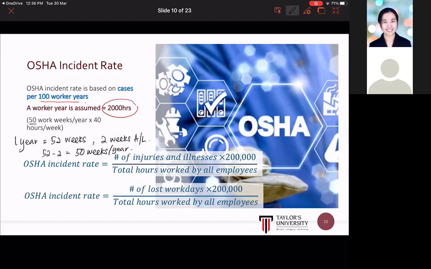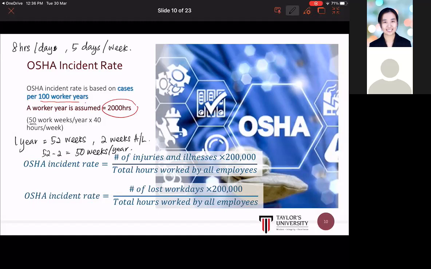And how do we calculate 40 hours per week? According to OSHA, healthy work hours for a normal human is 8 hours a day, 5 days per week. Nowadays, a lot of companies start to practice flexi hours.